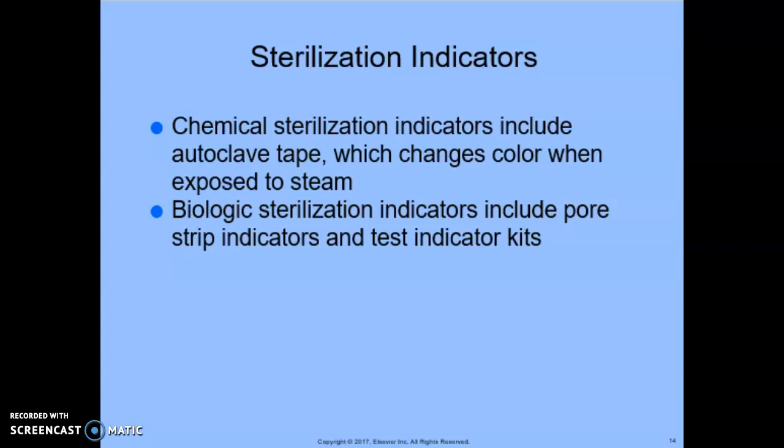I'll explain it here though. So the way that they work is the test indicator kits are available that use ampules, which we're not going to use, but we are going to use the strip that changes the color on the tab so that you know that the autoclave has worked and heated to the proper amount.